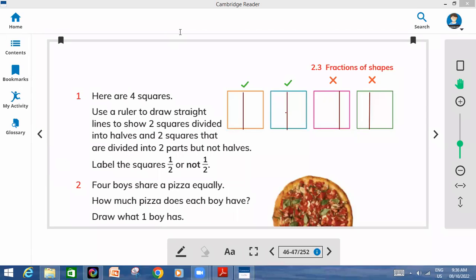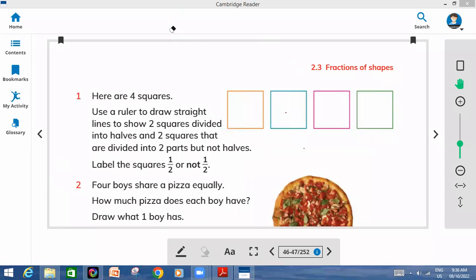You can say 1 by 2. Sorry for the writing. It is 1 by 2. But these are not half. So you can cut them in different ways.